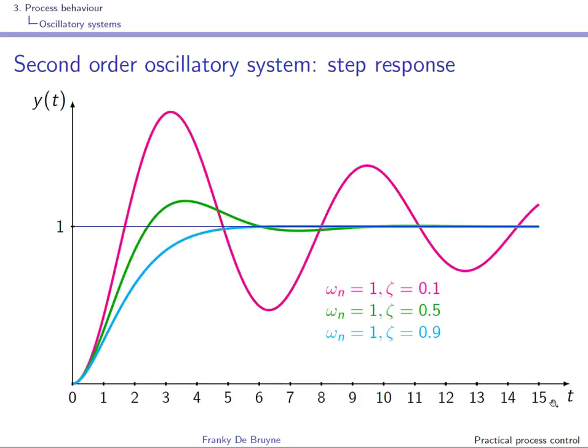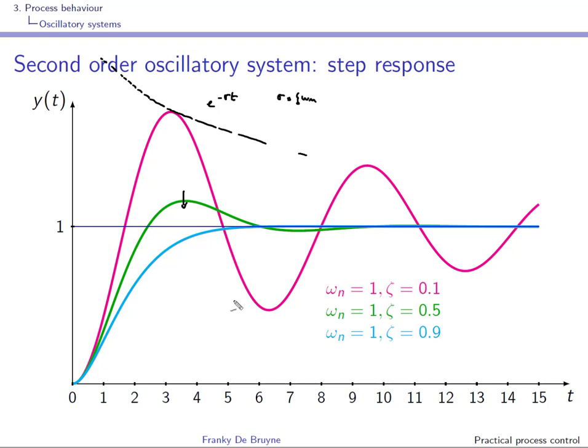So here is the associated step response for different values of the damping, and you can clearly see that this oscillation is damped by this exponential of minus sigma t. Sigma is zeta omega n, so you can see that when zeta is increasing, the damping is increasing as well.